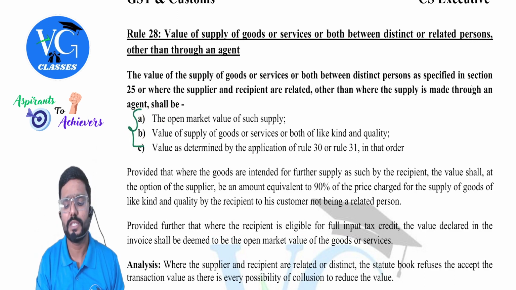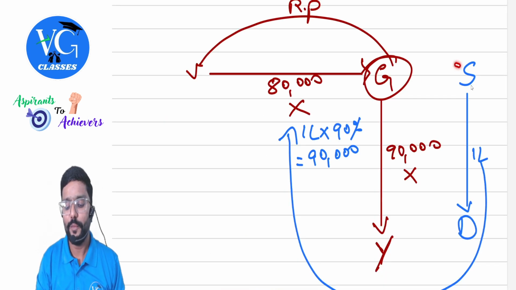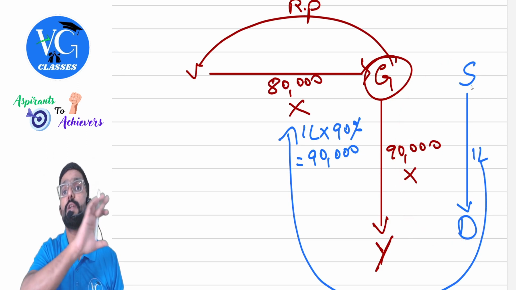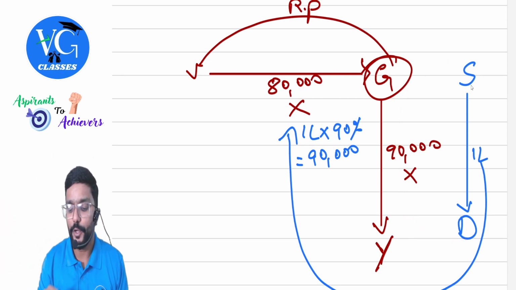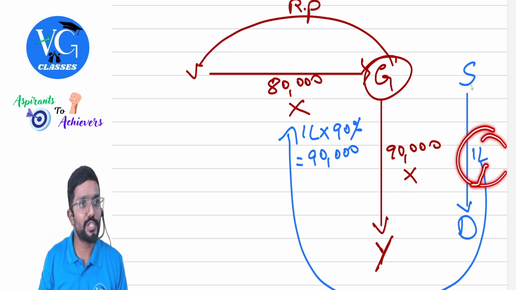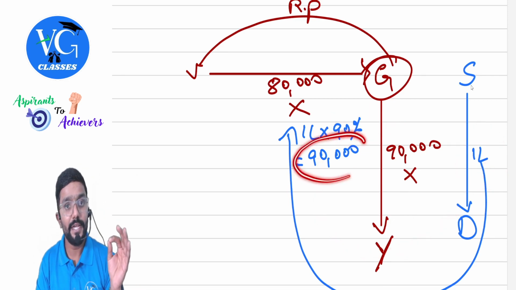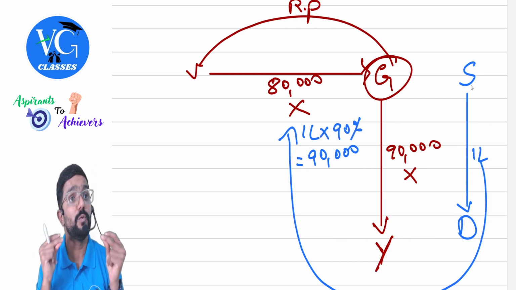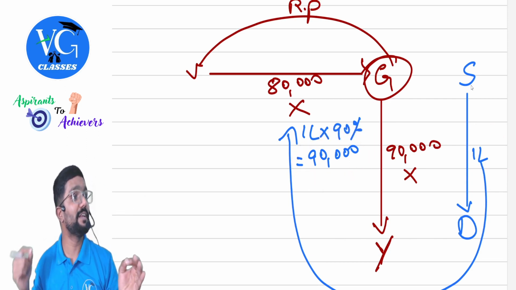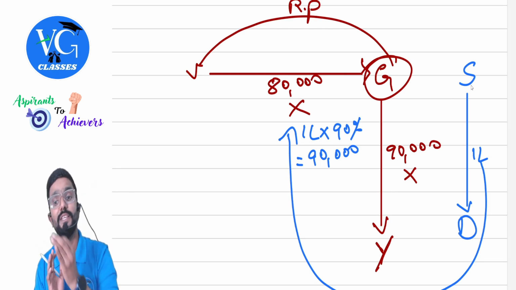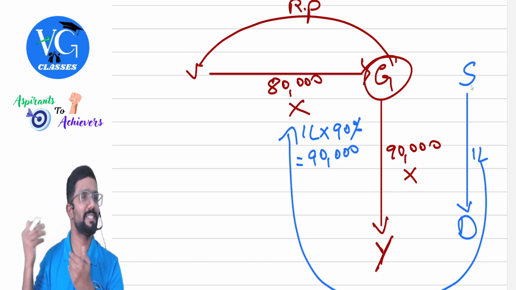Now listen. Assuming Shakti and Deepti are not related, then what do we do? We take 1 lakh, the price charged between them, into 90%. 90,000 is the value of supply between whom? Vikas and Girish, not between Shakti and Deepti. That is a separate supply.